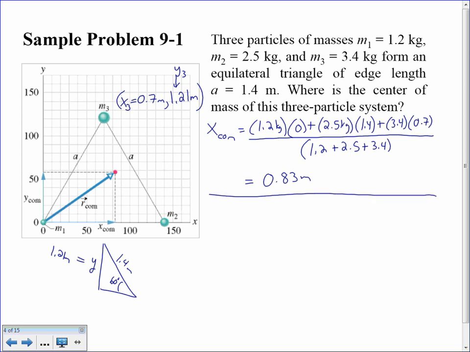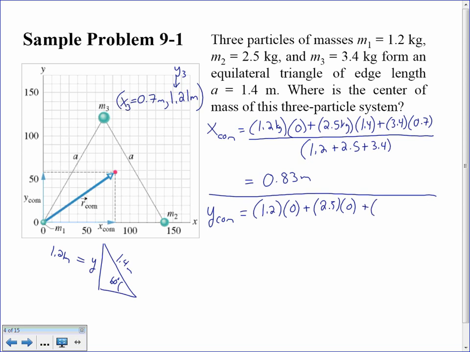If I wanted to find the y-coordinate of the center of mass, I would do the exact same thing except for the y values, the y positions. So mass 1 is 1.2 kilograms times its y value, which is 0. Mass 2 is 2.5 kilograms, but it's also located at a y value of 0.